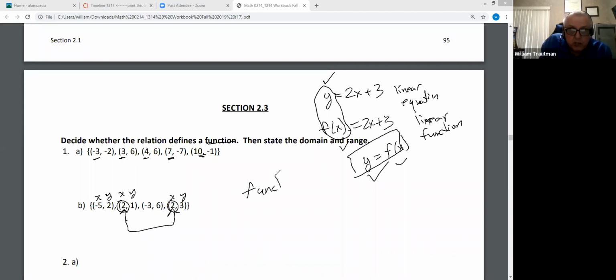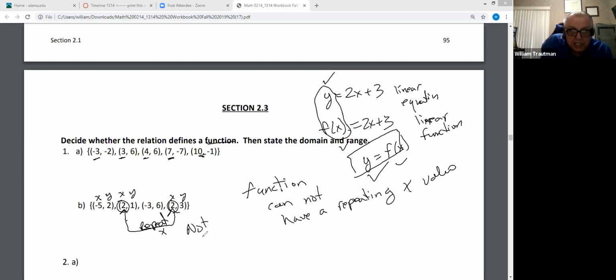A function cannot have a repeating x value. Here we have a repeating x value. So b is not a function.